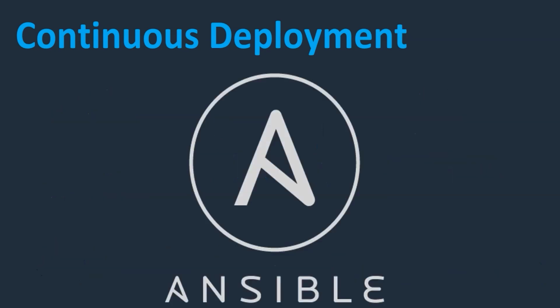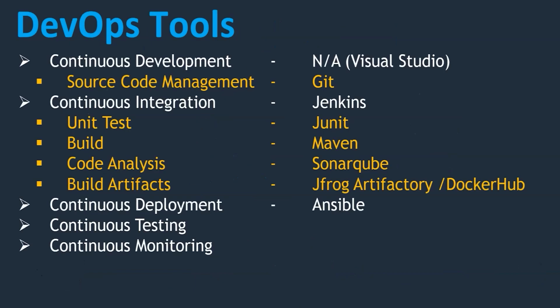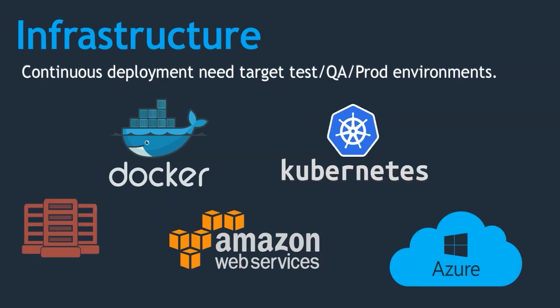Among these, we are going to use Ansible. So, continuous deployment, we are going to use Ansible. Under continuous deployment, infrastructure also comes. Why? Because we need infrastructure to deploy our applications. So infrastructure can be Docker, Kubernetes, or else a traditional data center, Amazon Web Services, Azure, or GCP.